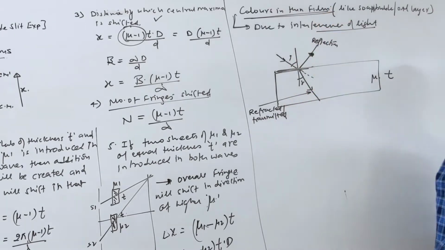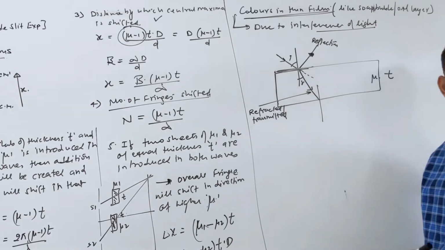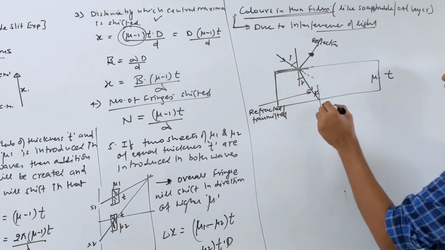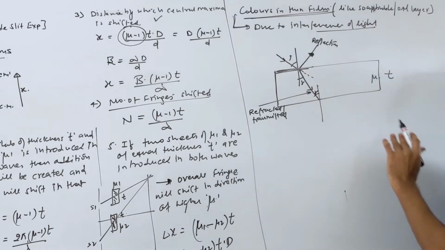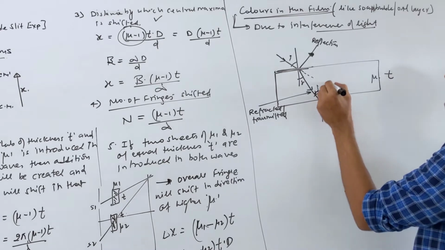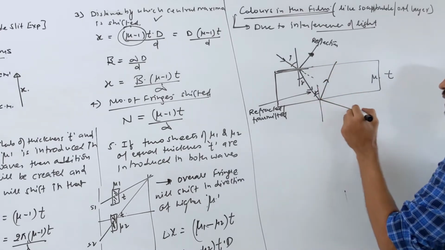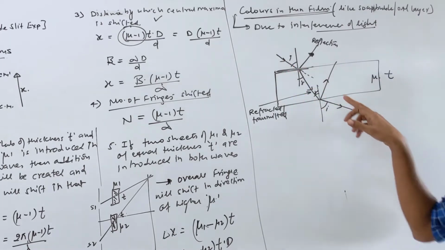When this light hits the boundary again, that angle will also be r, because of the alternate angle. Again some part will be reflected and some part will be transmitted, and some part will come out like that. This is i, and that ray will be parallel.